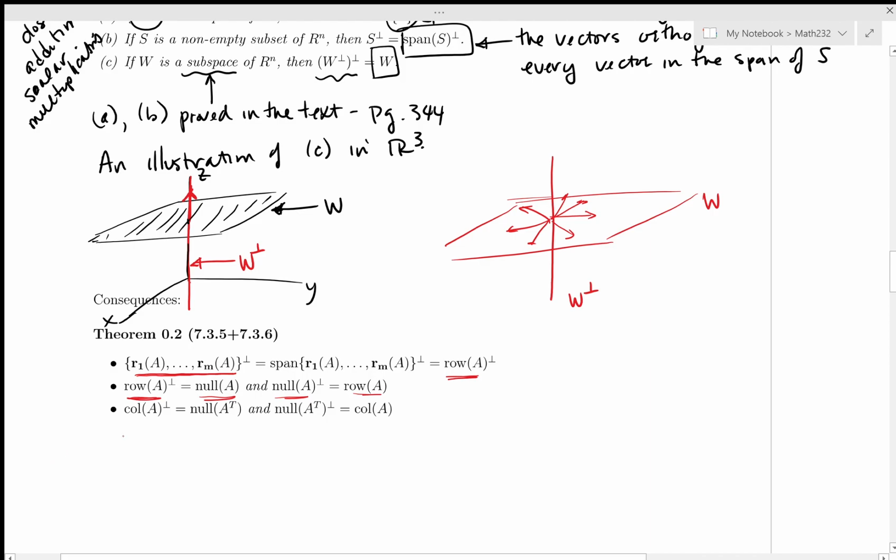Similarly, the orthogonal complement of the column space is the null space of A transpose, and the orthogonal complement of the null space of A transpose is the column space. I'm not sure if I said transpose when I said that one.